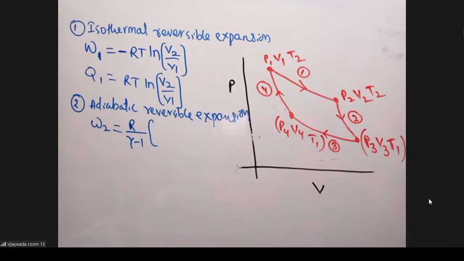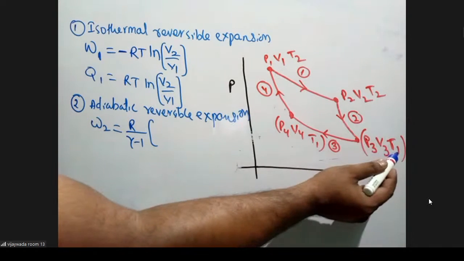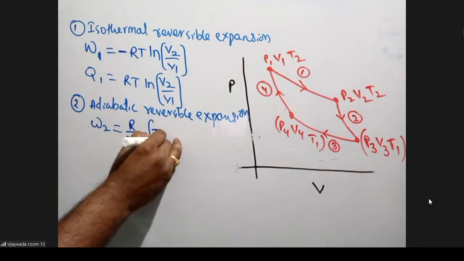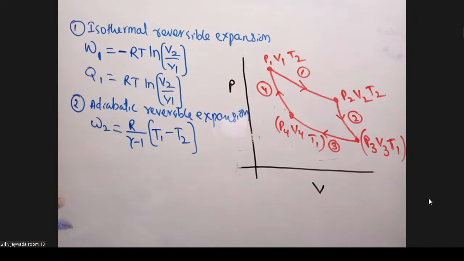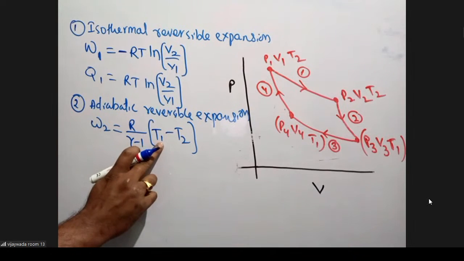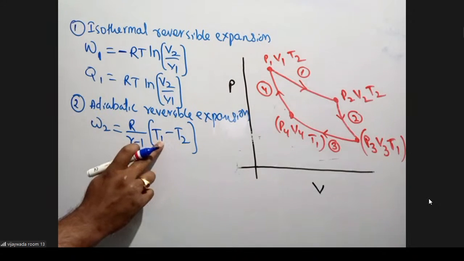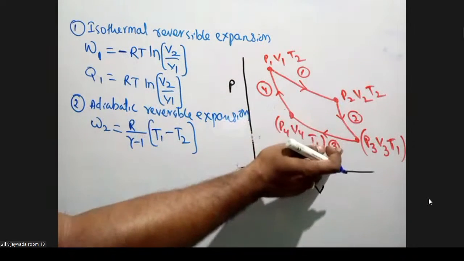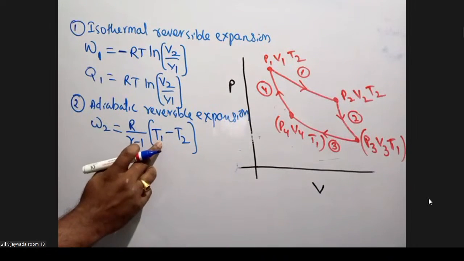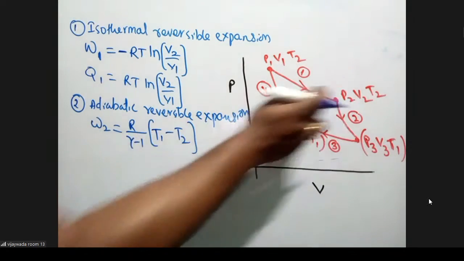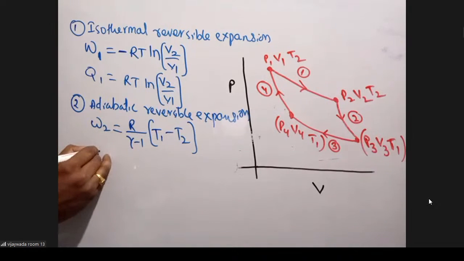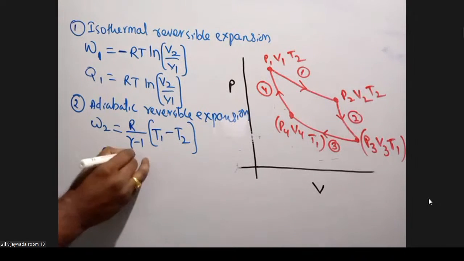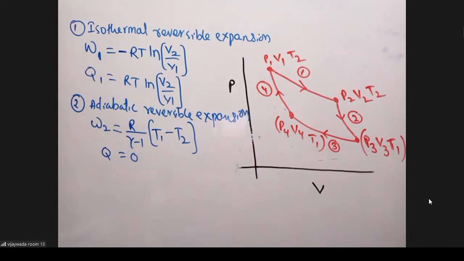T2 is higher, T2 is final temperature. What is the final temperature? T1. Students, I have given the equation as final temperature minus initial temperature. Here, in this concept, final temperature is T1, initial temperature is T2. So don't confuse. And Q value is 0 here because adiabatic process Q value is 0.